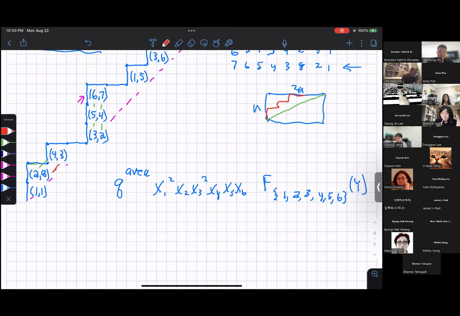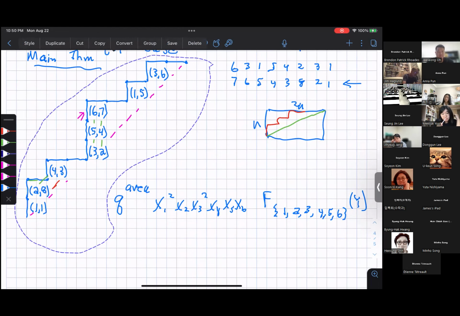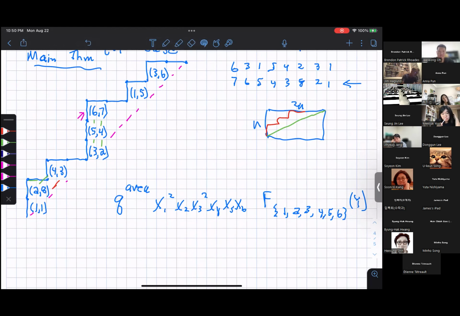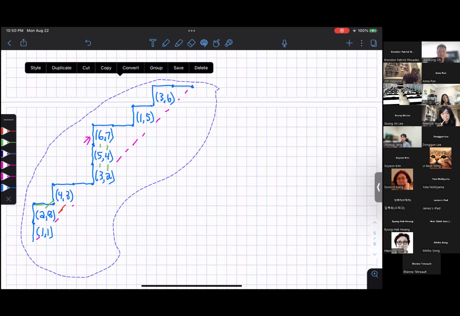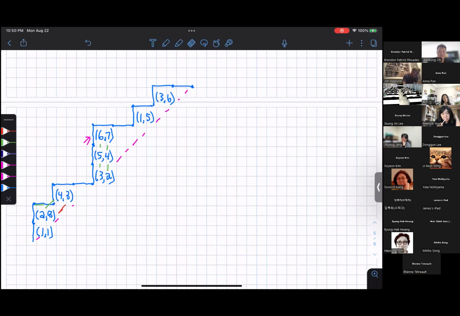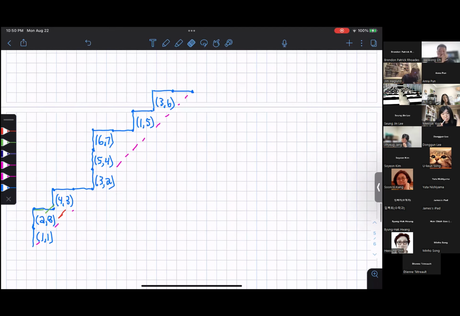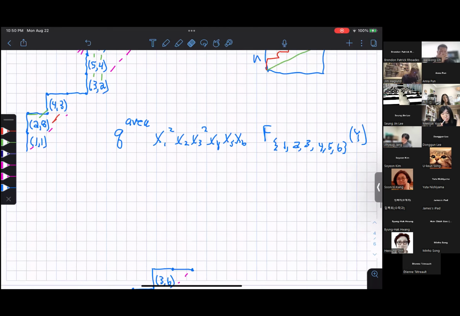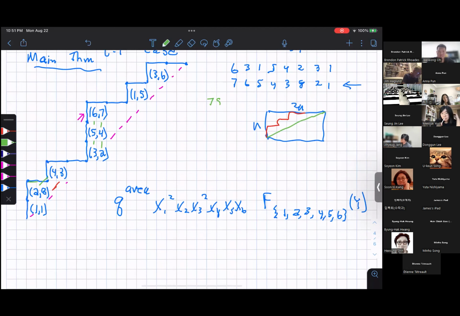And I've chosen this guy here because it illustrates a connection with the Valley version of the delta conjecture. This reading word here in the Y's was a shuffle of 2 big cars in increasing order and the rest small cars in decreasing order.